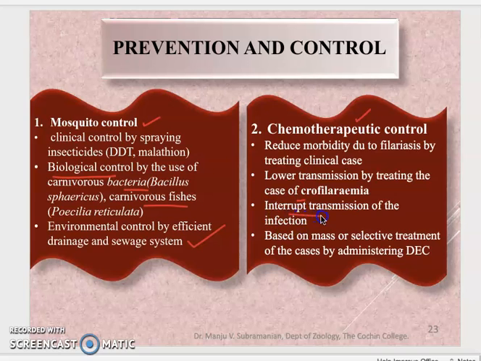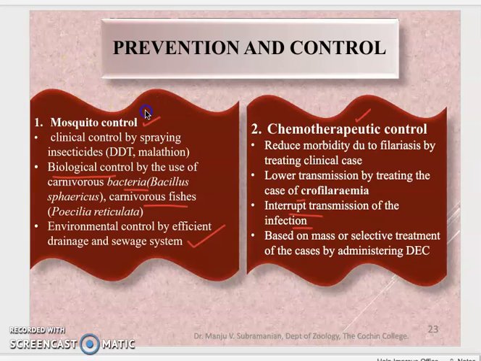Then interrupt the transmission of the infection, based on the mass or selective treatment of the cases by administering DEC, that is diethylcarbamazine, at periodic intervals, and this infection can be checked to a great extent.